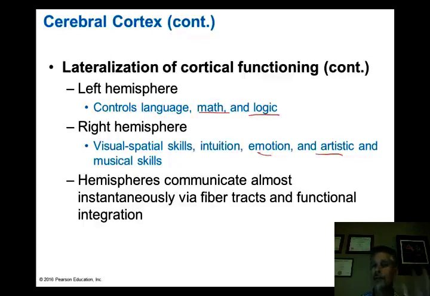A lot of people who are left-handed tend to have more of those artistic skills, right? Like playing an instrument or drawing or something like that. But even though we kind of subdivide the actions between these two hemispheres, there's always going to be communication between the two. And we'll find that there are distinct areas of the brain, distinct pathways that can allow the neurons to communicate between them. And that's going to be always very important.